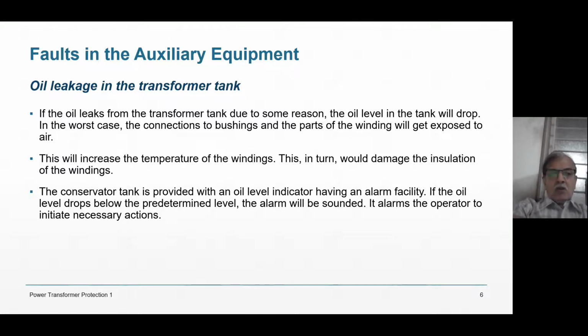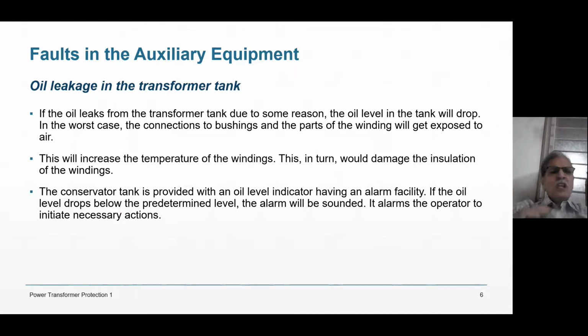And also if the oil leaks, the temperature of the winding will increase, right? Conservator tank is provided with an oil level indicator also, having an alarm facility. So if oil leaks, the oil level will go down and oil level indicator will sound an alarm to let you know that oil is leaking.